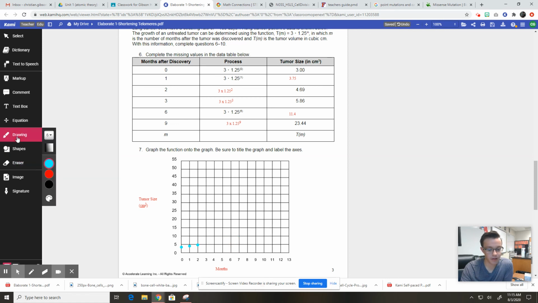I skipped 3 months. So at 3 months, we are at 5.86. So about here. Now, at 6 months, we are all the way up to 11.4, which is right there. And then at 9 months, we're all the way up to 23.44, which is pretty close to 25 right there.